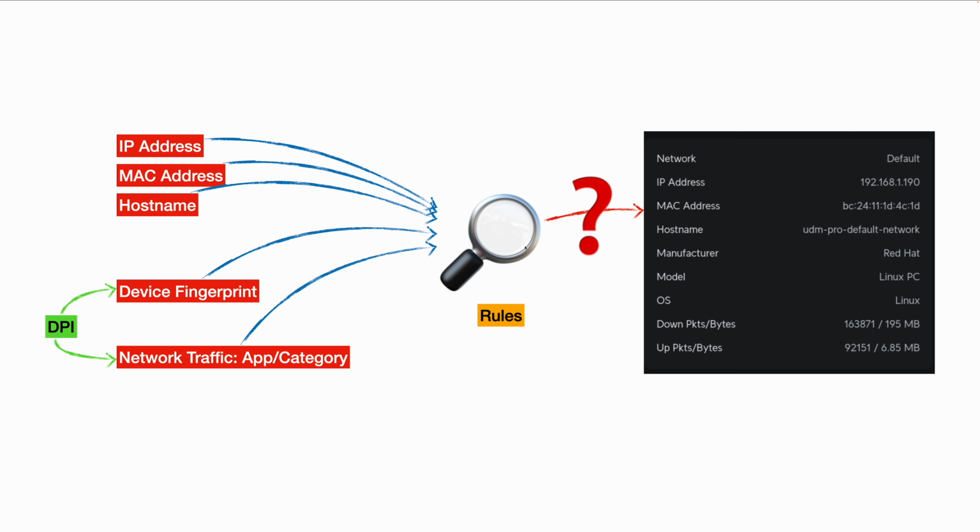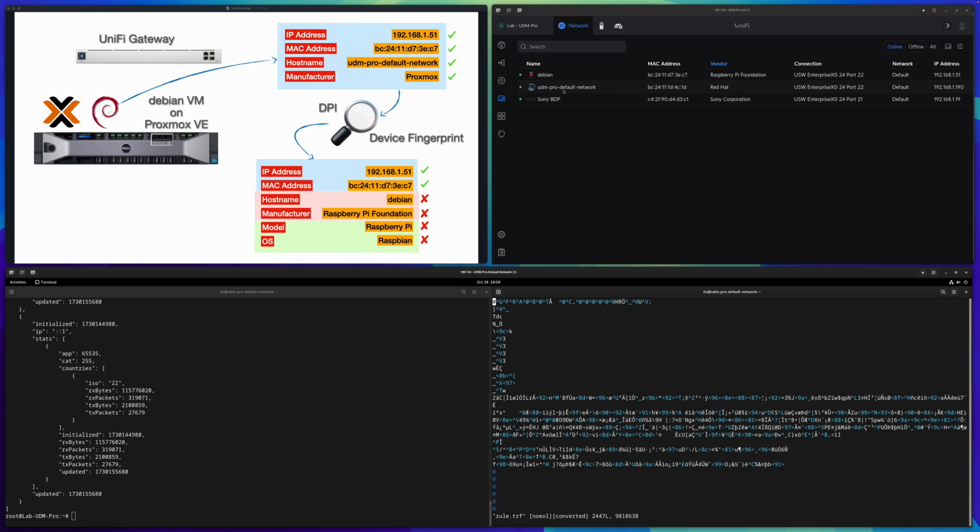The gateway will apply the rules and come up with the final device information, which we can see from the UniFi Network controller, the client information. But in many cases, it seems Ubiquiti is too aggressive and too optimistic about the confidence score, so it will screw up a lot of device identification information.